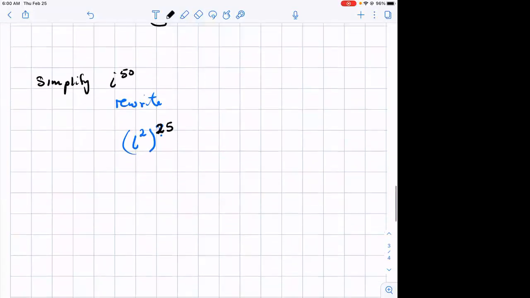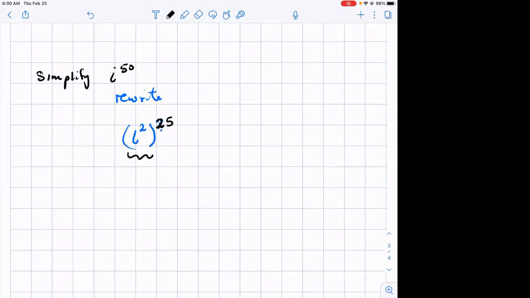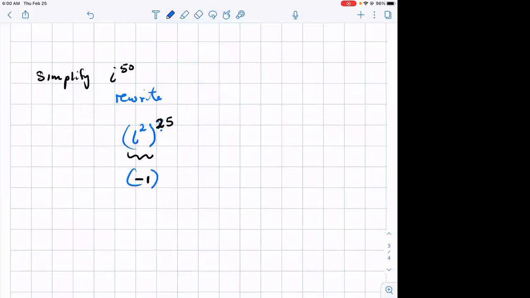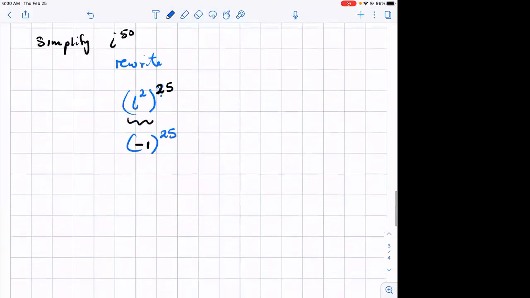We know i squared is minus 1. So minus 1 now raised to any odd power, minus 1 raised to an odd power is equal to minus 1.